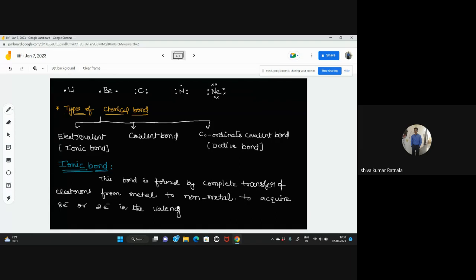That means from metal straight to non-metal, the electrons are transferred.